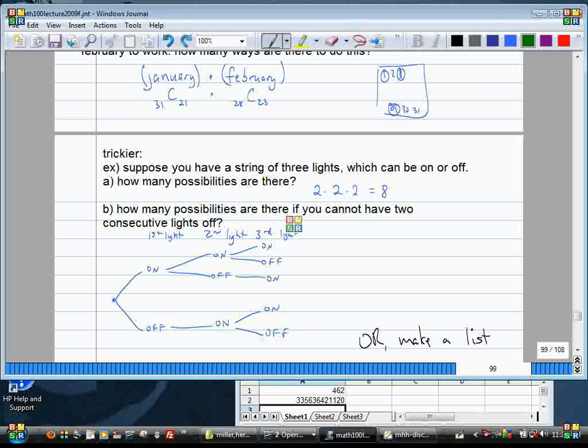So, finally, how many total possibilities are there? Five. Right? 1, 2, 3, 4, 5.